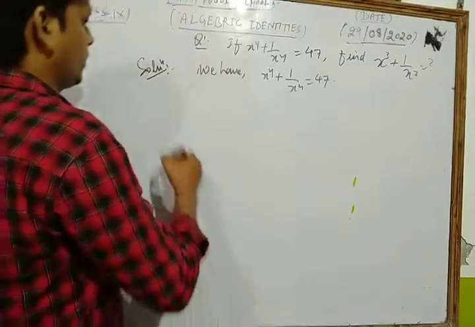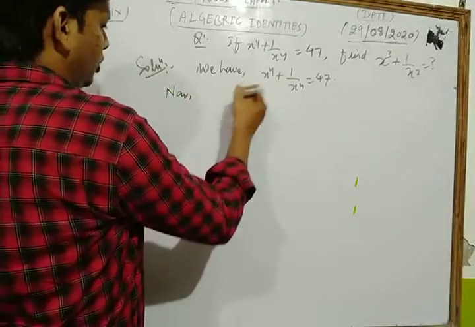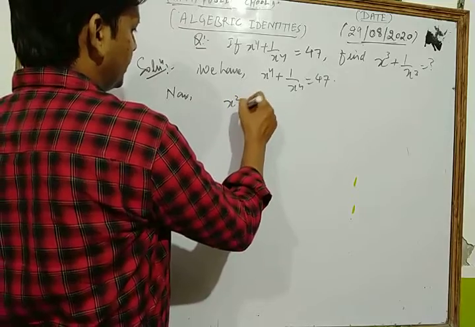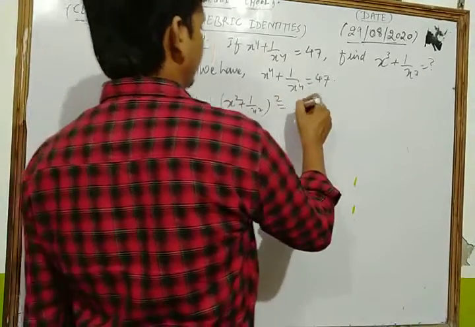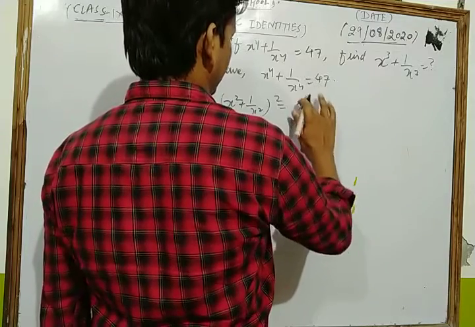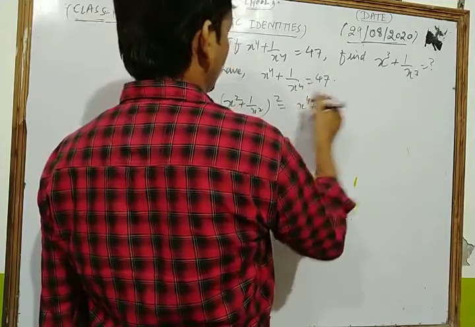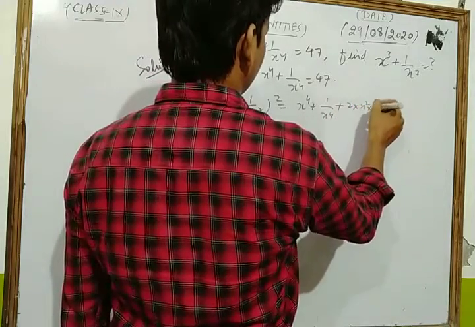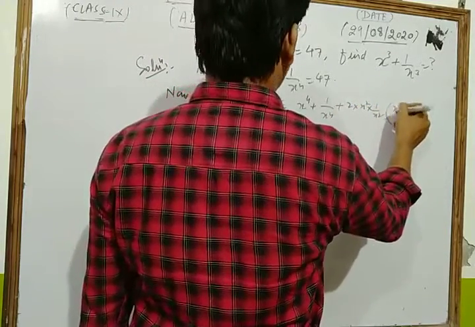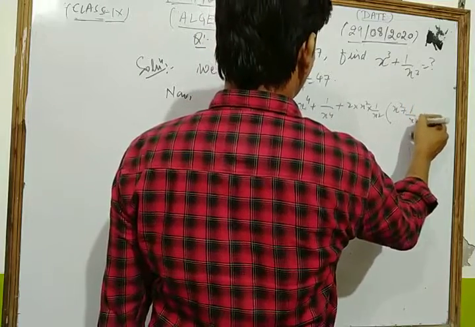Now we take the value of x square plus 1 upon x square, whole square. You know that (a plus b) whole square is a square plus b square plus 2ab.